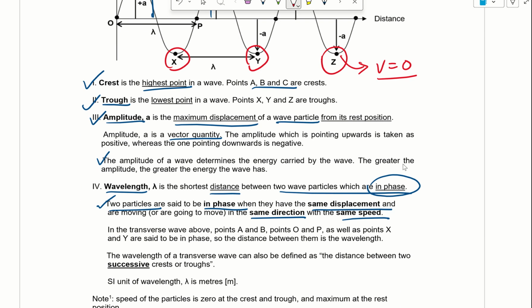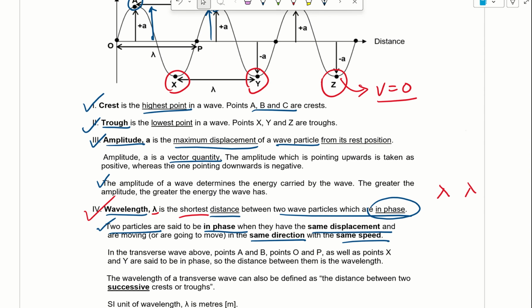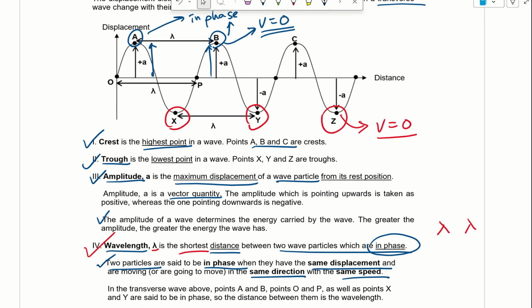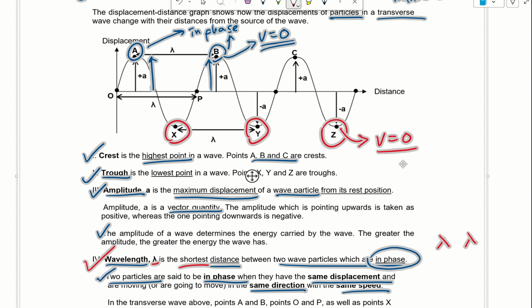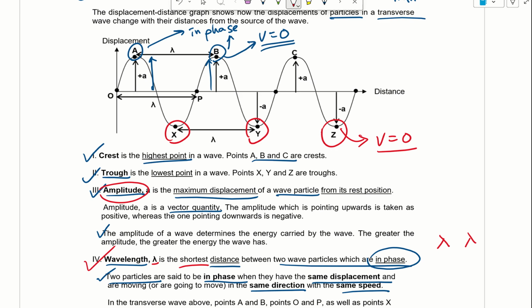Now, because of this definition, wavelength, and this is lambda, so it is written this way, lambda. It is the shortest distance between two wave particles which are in phase. Previously, we have talked about amplitude. Amplitude is actually talking about the vertical distance, which is the displacement.